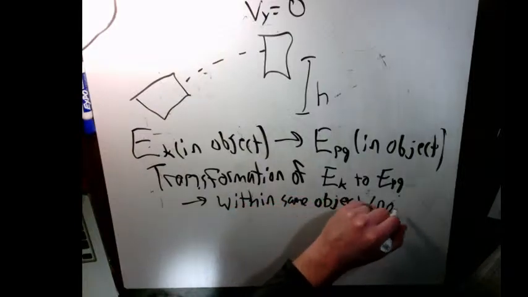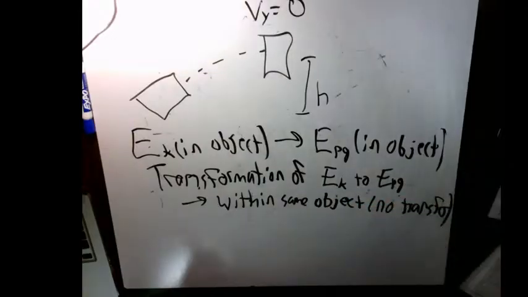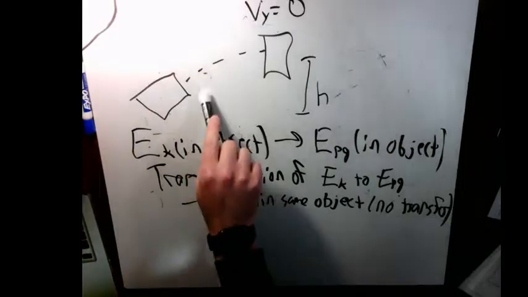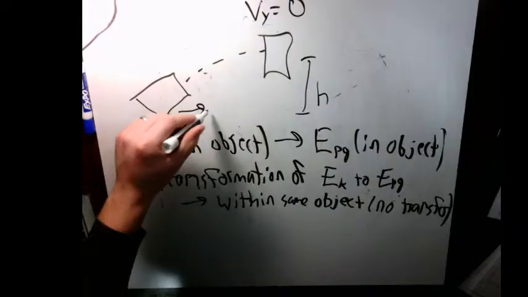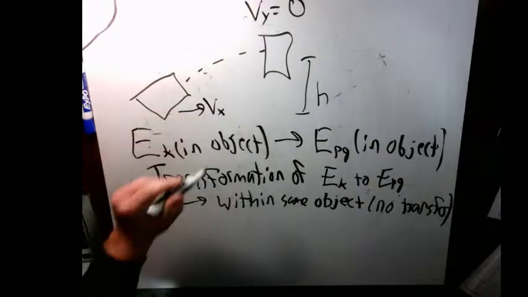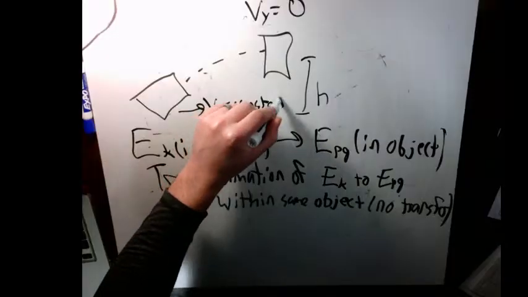So there's no transfer. Okay, so we're losing kinetic energy as we're slowing down in that y direction. If we remember from Unit 2, our horizontal speed is constant throughout that motion.